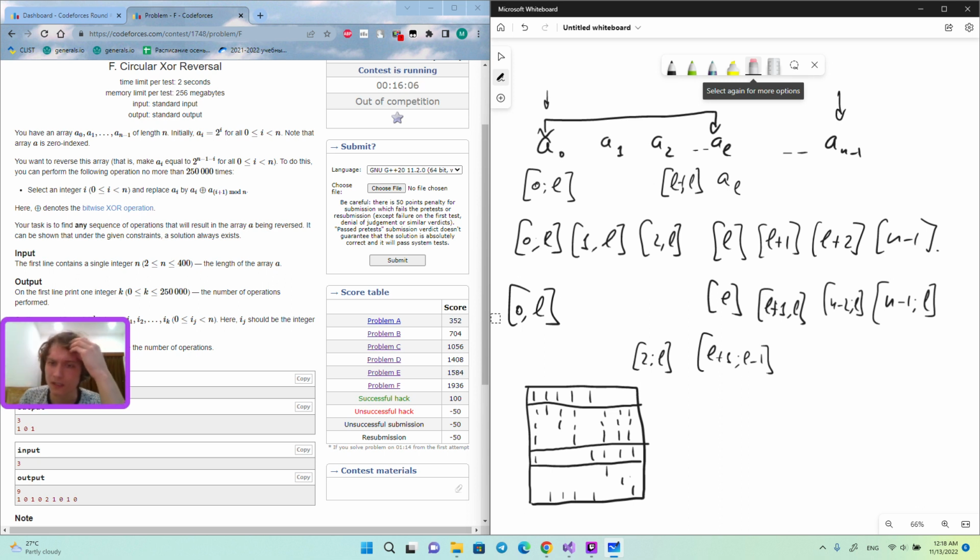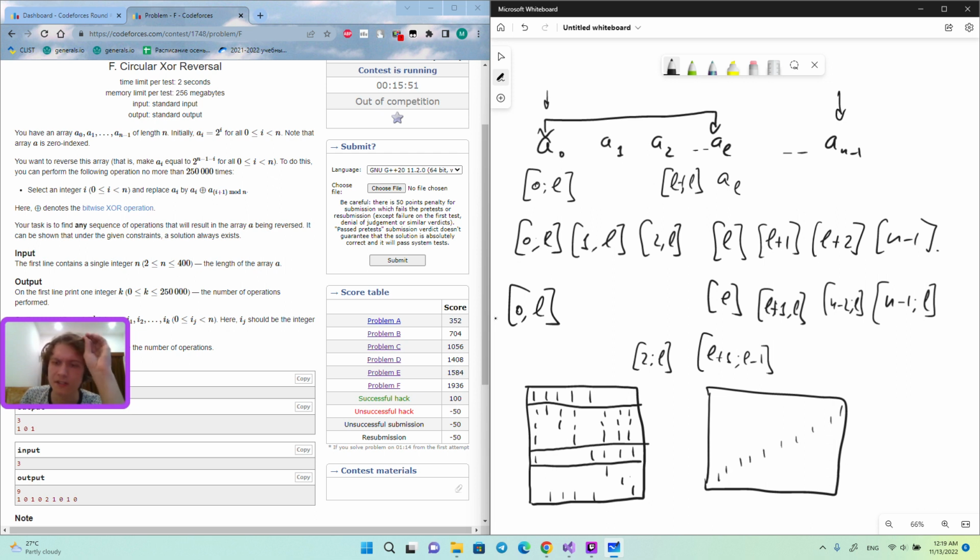Hmm. Maybe I don't need to solve it manually. Maybe this is easier. Or maybe not. But what can I do? For example, let's start with this matrix. So I can get this matrix. So this one is already all right. Okay, can I diagonalize the matrix?